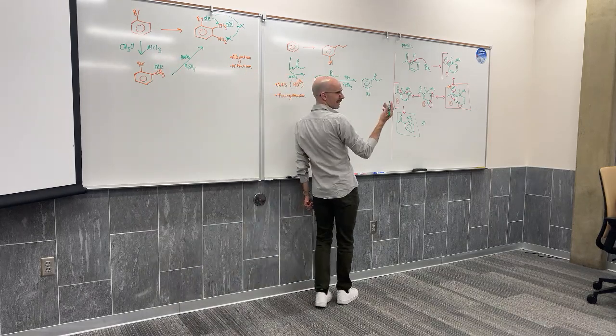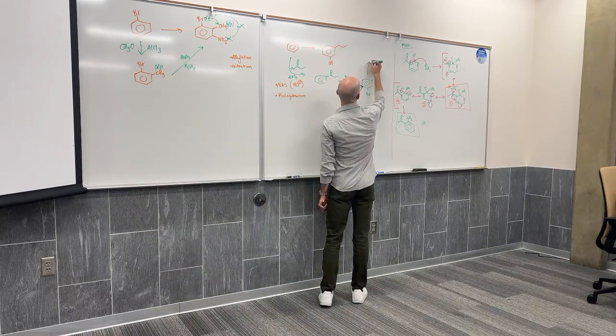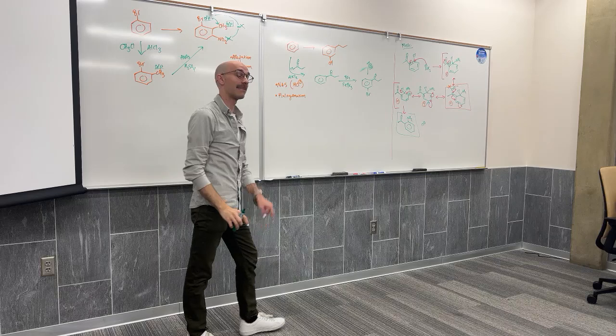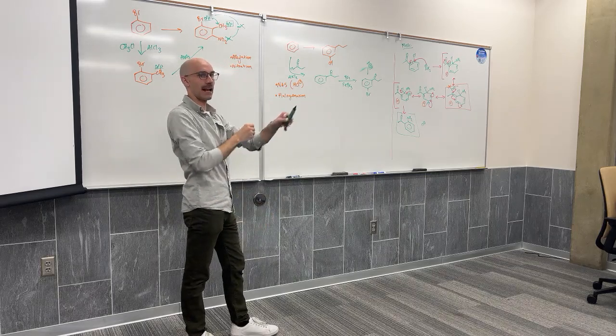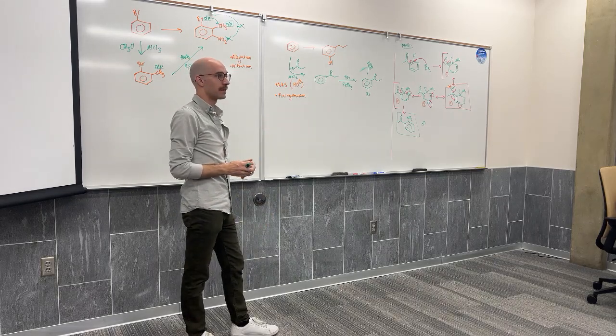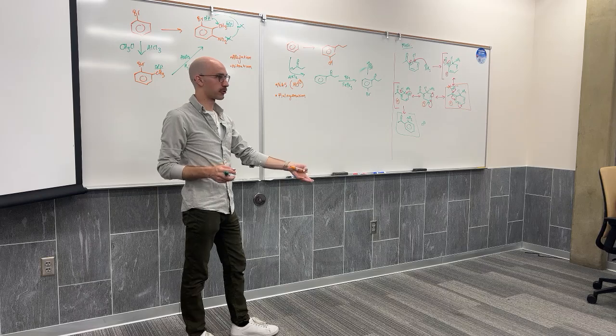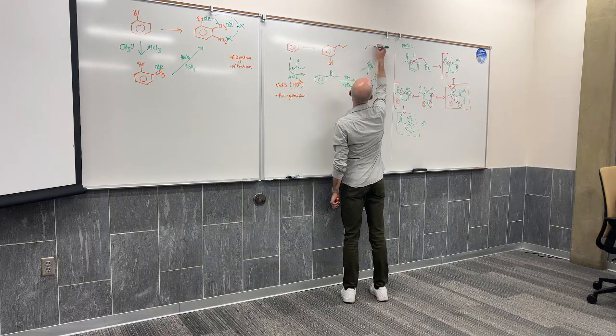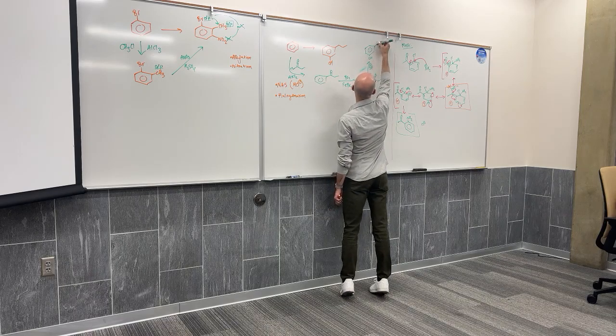Now, I really have two options. I can do my NAS, my nucleophilic aromatic substitution, because I have an electron withdrawing group and I have a good leaving group. Now I substitute my halogen for my alcohol.